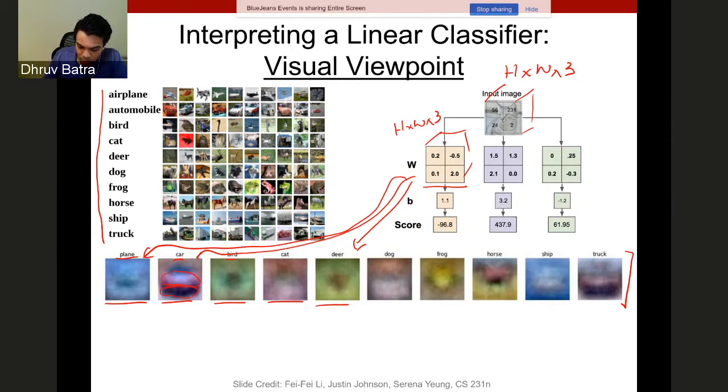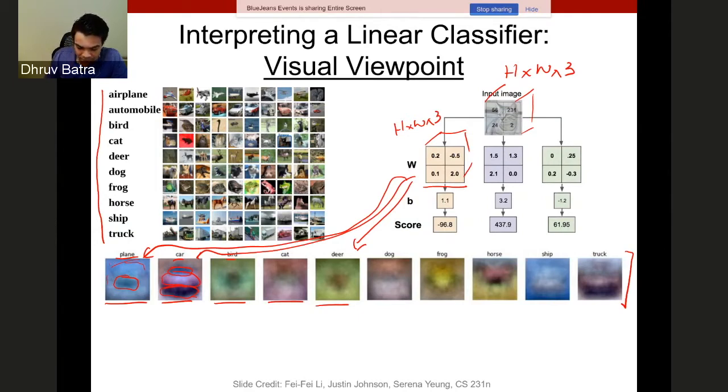Maybe the darkish blob is representing the wheels, and maybe there's a grayish blob on top, which is representing the windshield. The plane is a darkish blobby thing with blue all around, which seems to suggest that all the pictures in this data set were ones where the plane is against a blue background.